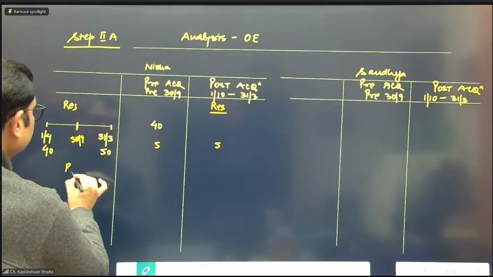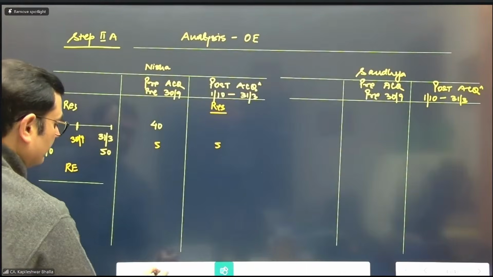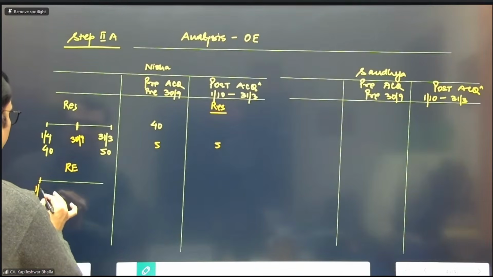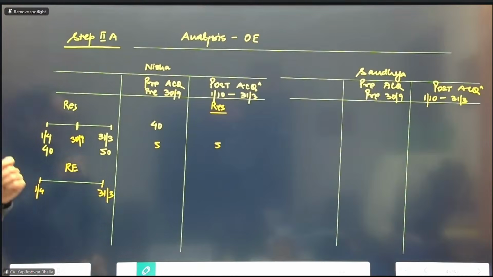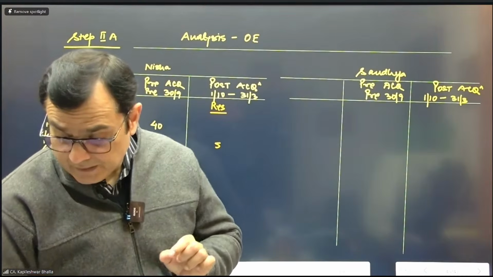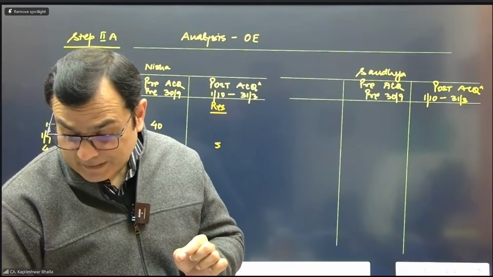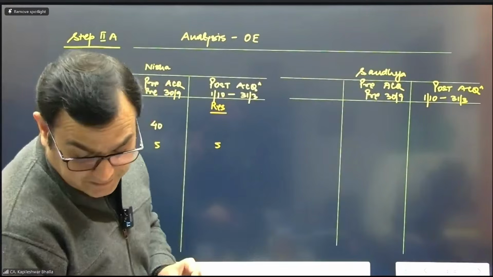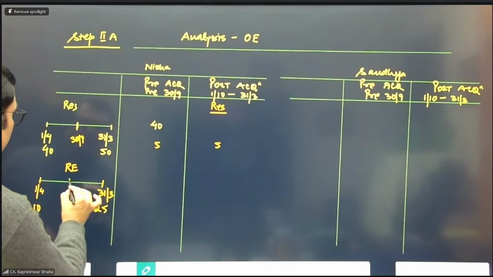Now let's go to the retained earnings. Again, we take a timeline, and consider the balance on 1st April and on 31st March. If you look at the question data, the retained earnings at the beginning of the year is 10, and in the balance sheet it is appearing at 25. The same funda would apply.